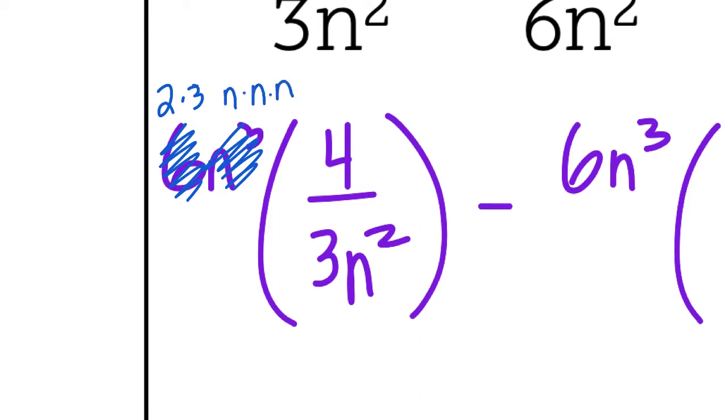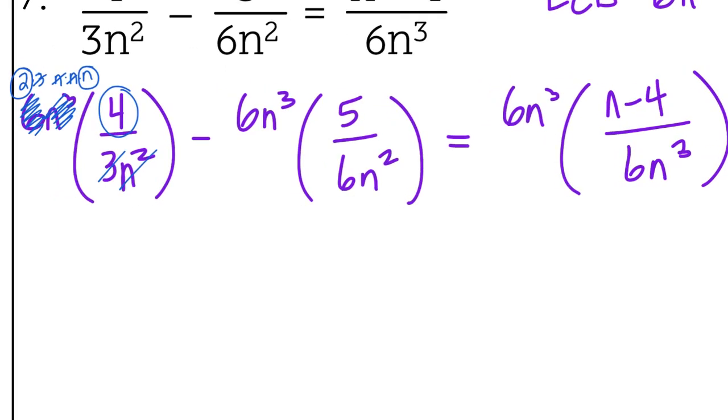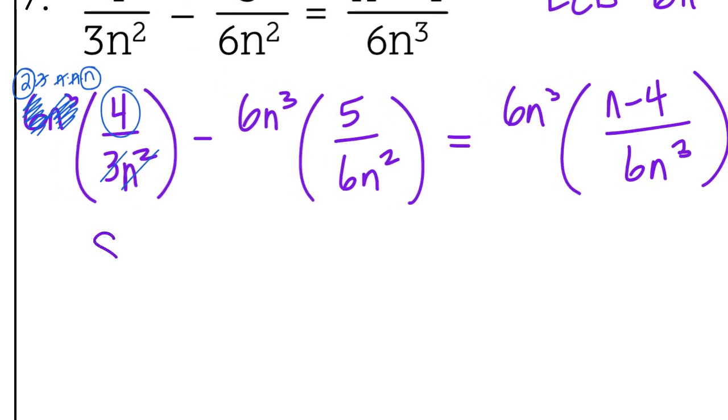The reason why this matters is because when I'm doing my canceling out, I have this 3 on the denominator and 3 in the numerator, so those cancel. Then n squared cancels out 2 of those n's, 1, 2. So what am I left with? I'm left with this 2, this n, and this 4. So for this term, we multiply what's left, and I'm left with 8n.